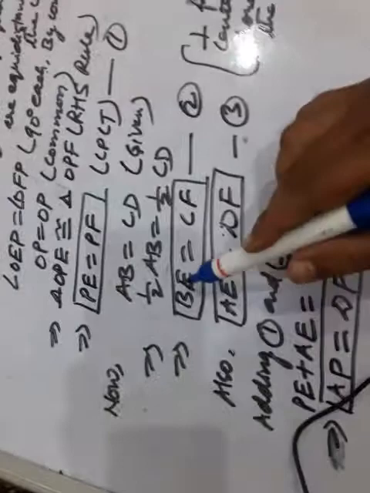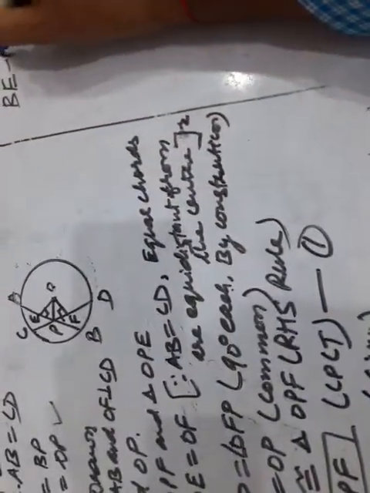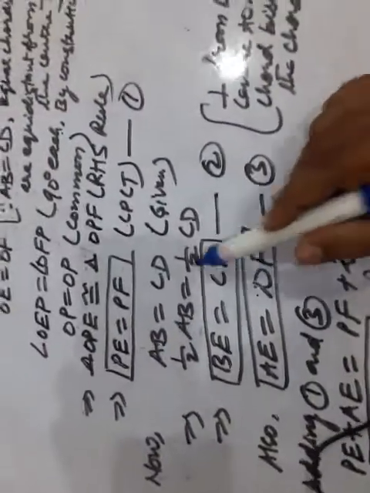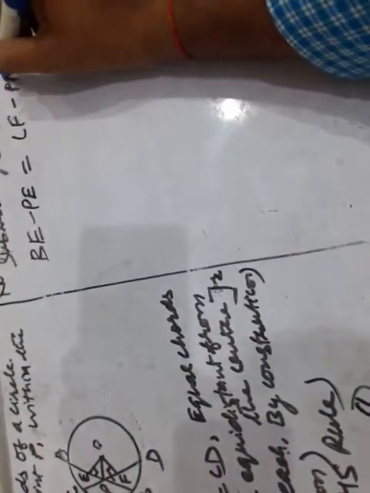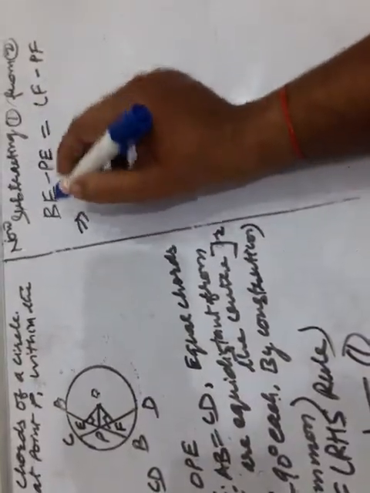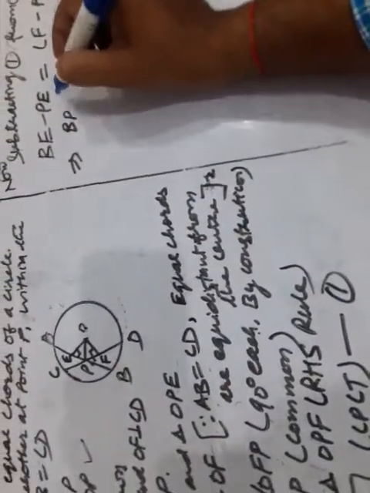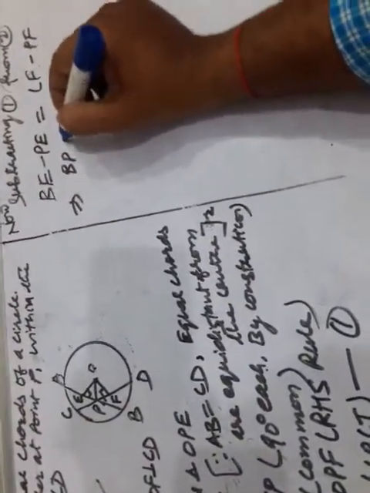Okay. So BE minus PE equal to what? CF minus PF. Am I right? This implies that BE minus PE equal to BP. BP equal to what?